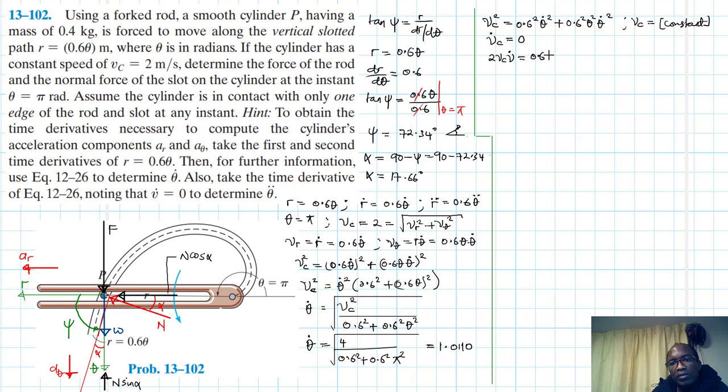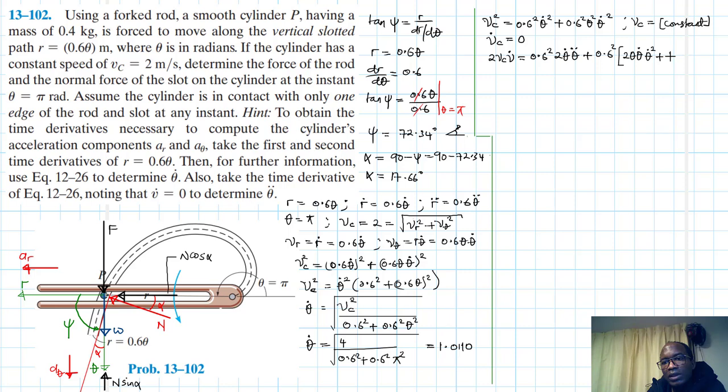Therefore, working this out with respect to time, we'll have 2 VC V dot like so. Then we have 0.6 squared, then that will have 2 V dot, then V double dot. Then plus 0.6 squared. Here we are using the product rule, so it's 2 theta dot, and this one remains constant like so.